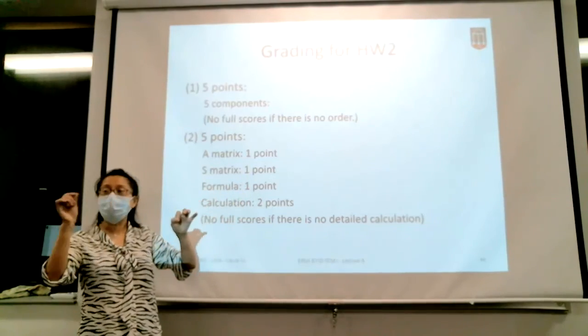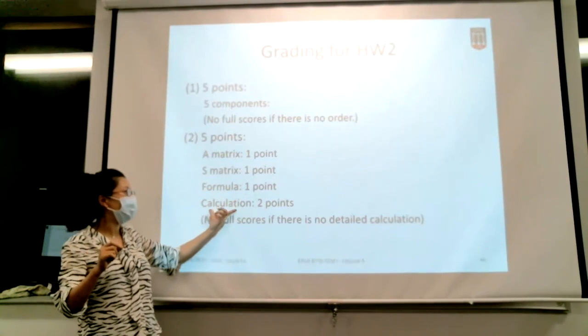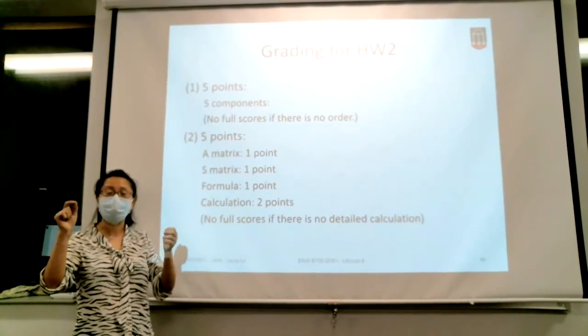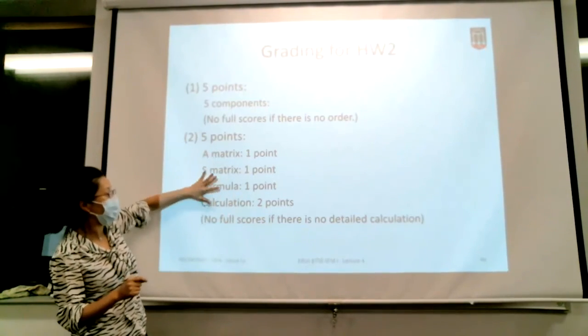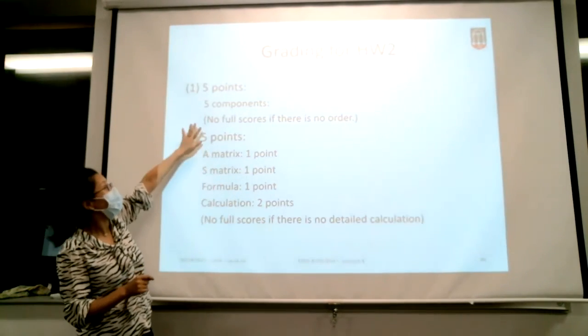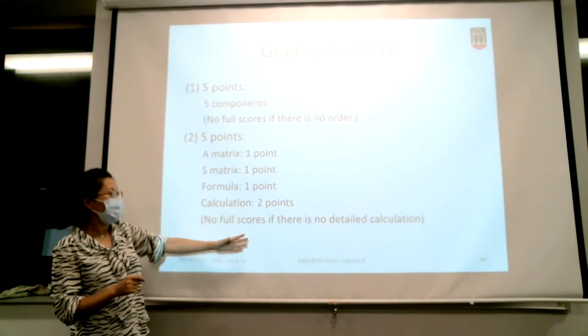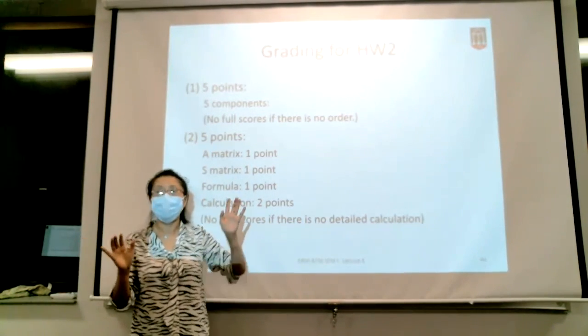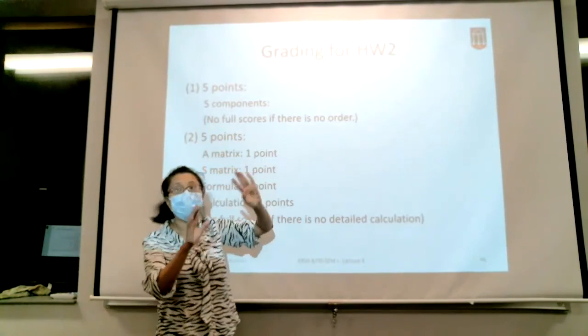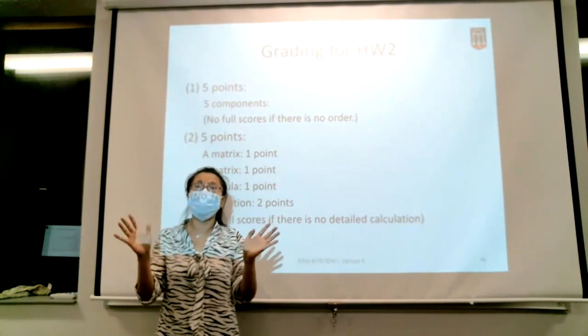If you write down the formulas correctly, 1 point. If you get the final calculation correct, 2 points. So in total, 5 points for the second part and 5 points for the first part. If you didn't give me any detailed calculation, no point. For this one, if you didn't give me the correct order, no point.